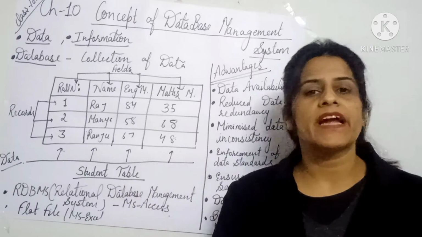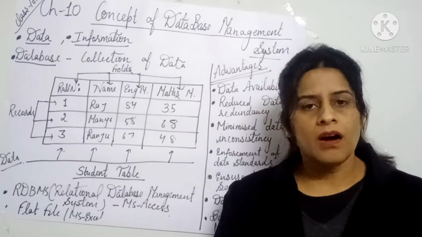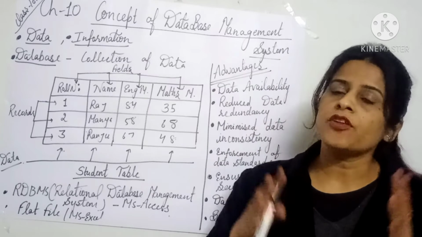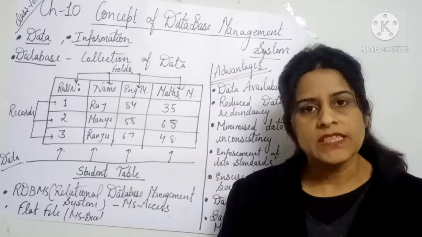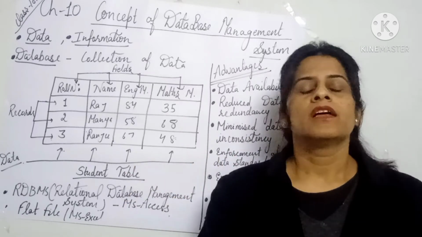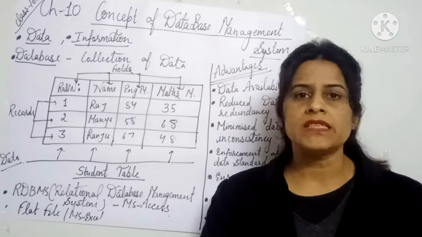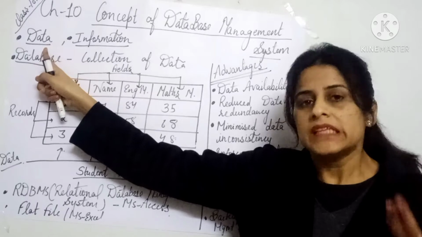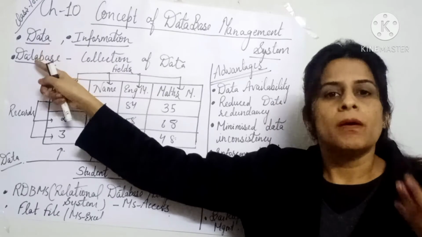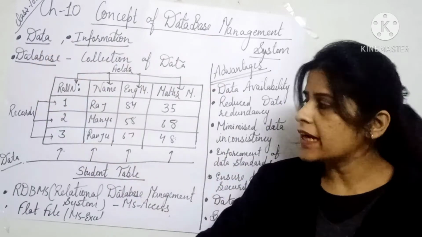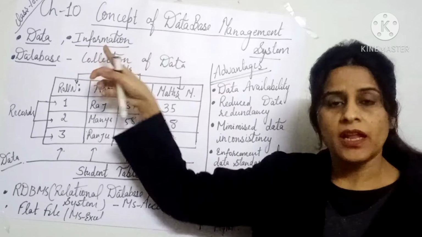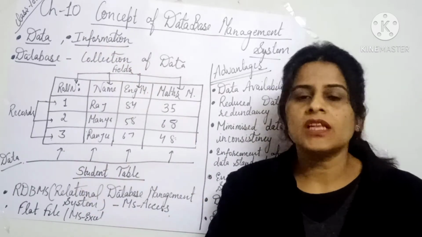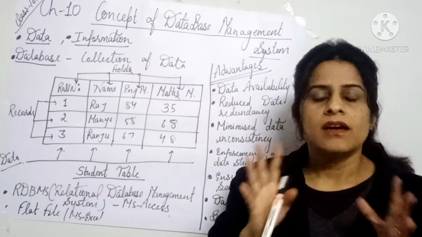Then you get the information by using this raw data that your walls are prepared. When your walls are prepared, you get that your room is prepared. So data is raw data for any purpose, and when you process the data, you get the information. And when we collect the information, then our database is created.